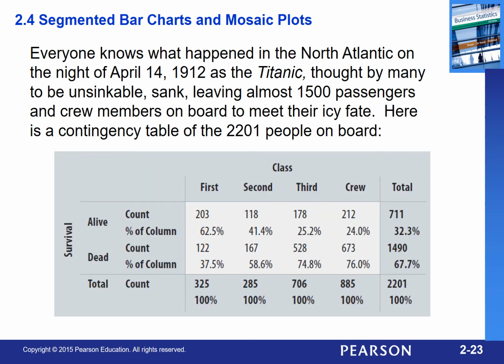To make our mosaic or segmented bar charts, we're going to look at some new data from the Titanic. In case you didn't know, the Titanic was a ship that was thought to be unsinkable and then sank in April of 1912. It's also a really weird movie. Anyway, what we have below is the passengers that died on the Titanic and the ones that lived, separated by where their cabin was located.